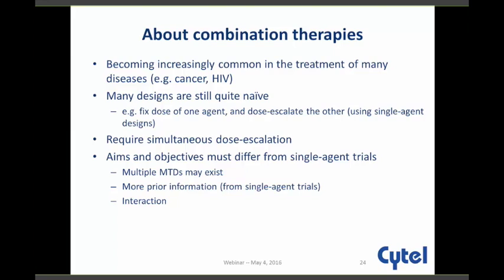What you're trying to do is to perform simultaneous dose escalations. When you have 2 or more agents, you might have multiple MTDs that exist. There is more prior information that you may also incorporate, but you also have to think about the interaction between the agents, because this type of interaction may be synergistic.